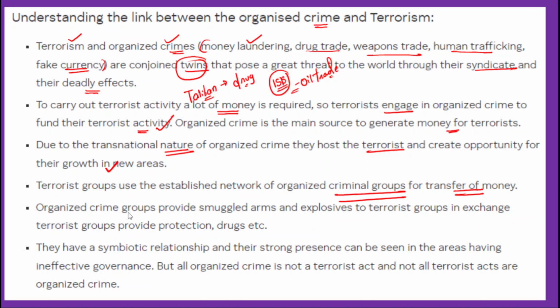We understood the definition of organized crime groups. These organized crime groups provide smuggled arms and explosives to terrorist organizations in exchange for the terrorist groups providing protection and drugs to these organized groups. Generally, these organized groups undertake human trafficking and drug trafficking under the ambit of these terrorist organizations.